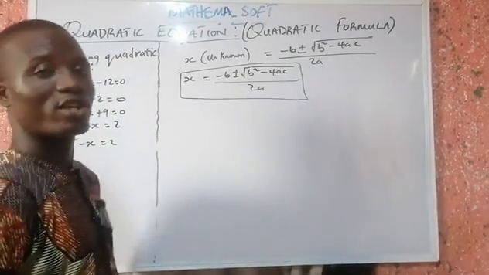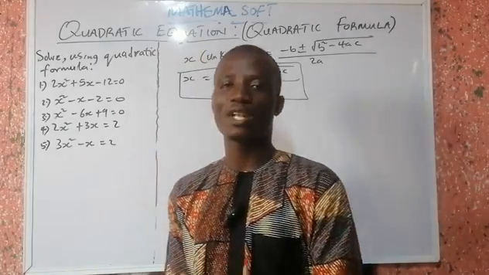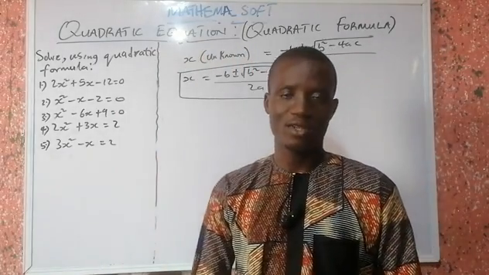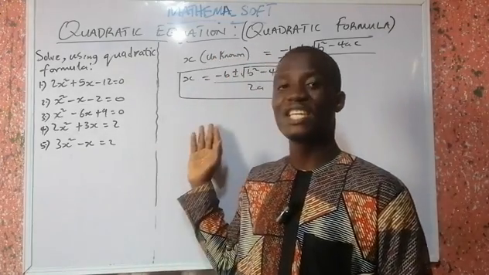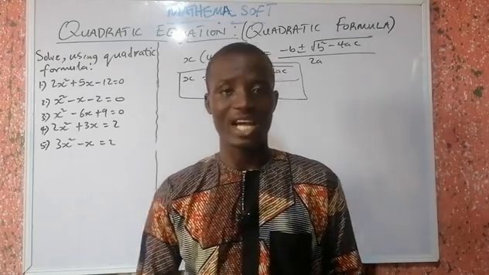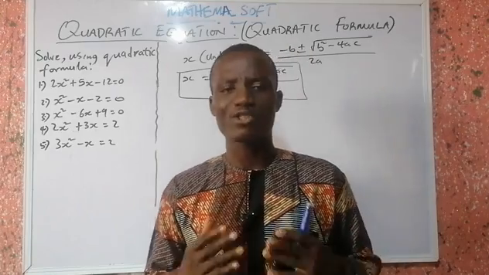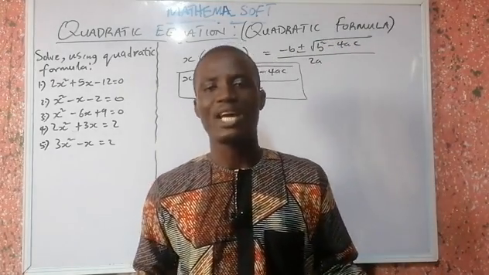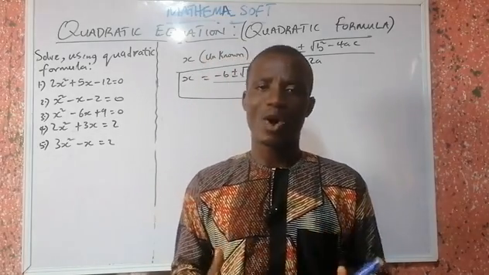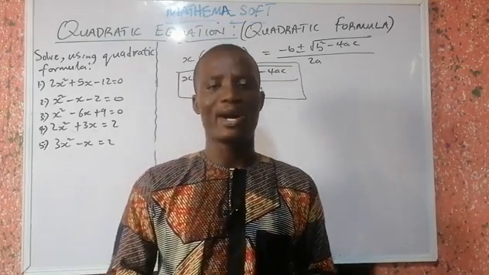There are some people that call this formula almighty formula, but the real name of this formula is quadratic formula. Well, maybe why some people give it the nickname almighty formula is because there is no quadratic equation that you cannot solve using this quadratic formula.